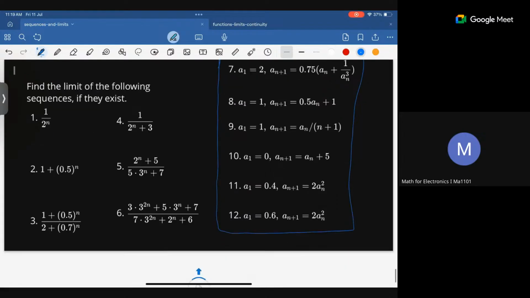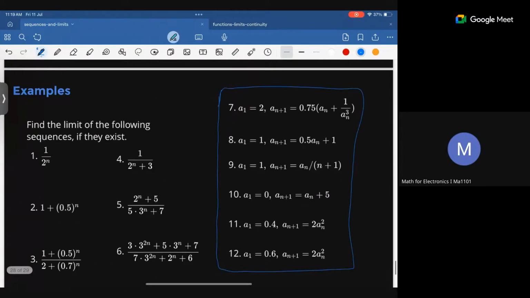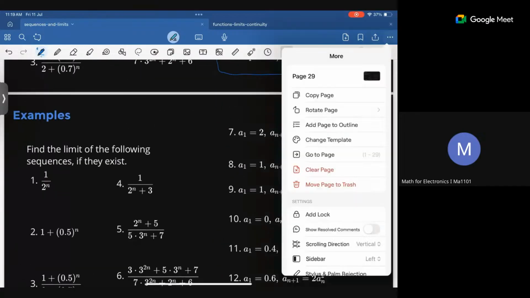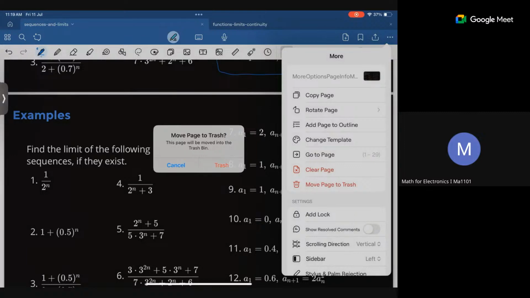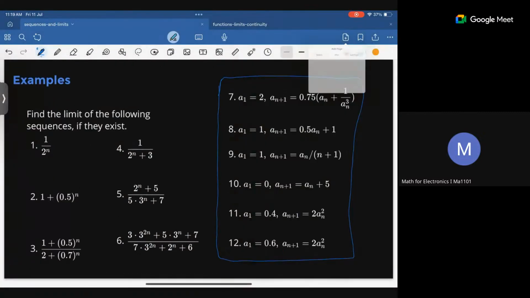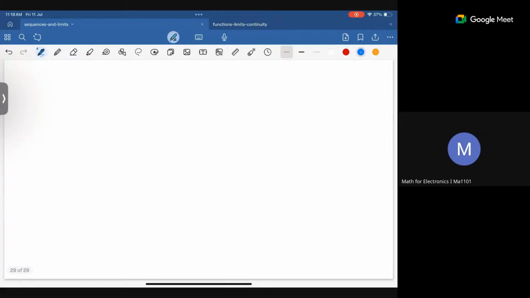And I think even in the graded assignment we also have some examples. Something like a_1 is given to us as 6 or something, and then a_(n+1) is given to us as something like this.